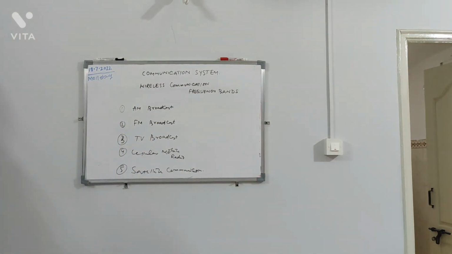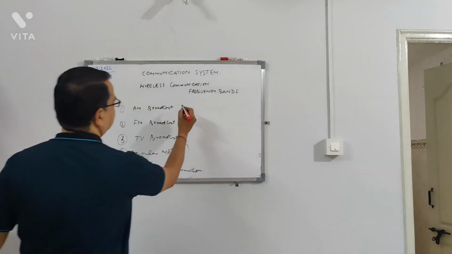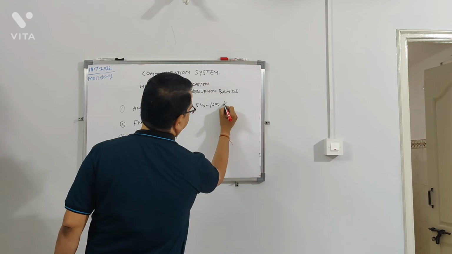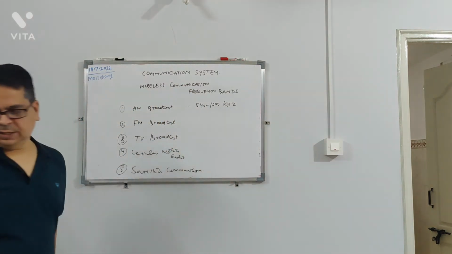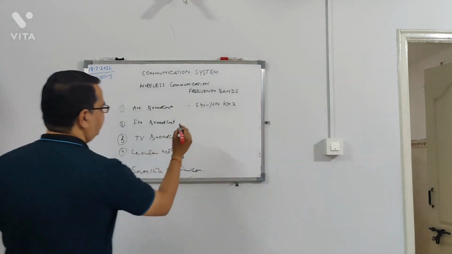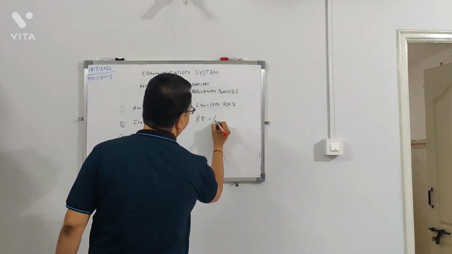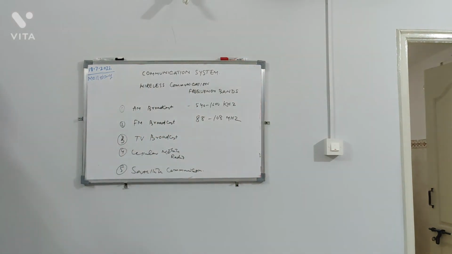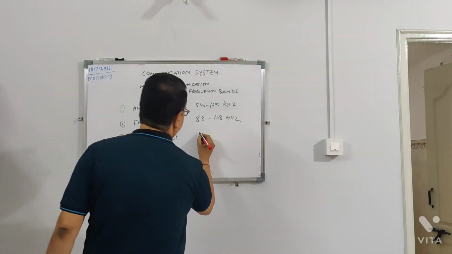For AM it is 540 to 1600 kilohertz. Then for FM it is 88 to 108 megahertz. Then TV you have 54 to 890 megahertz.